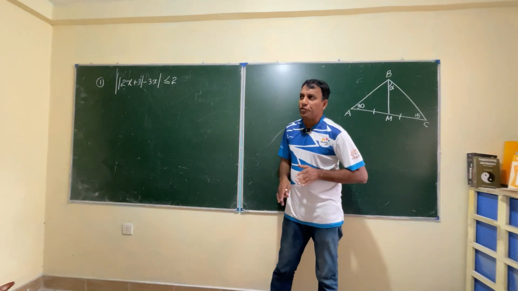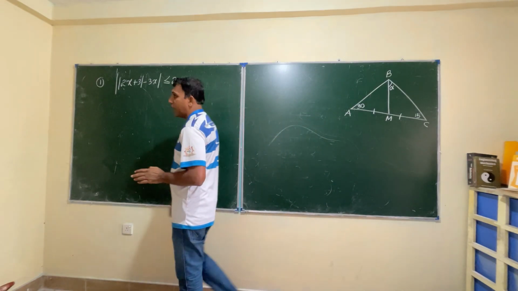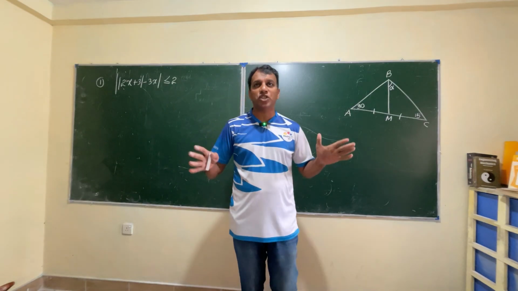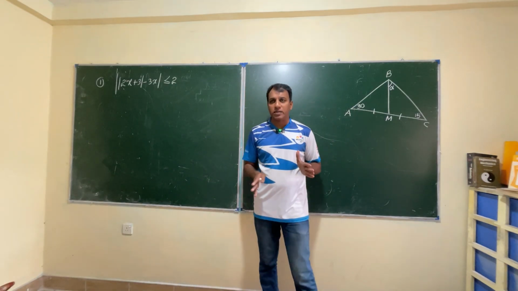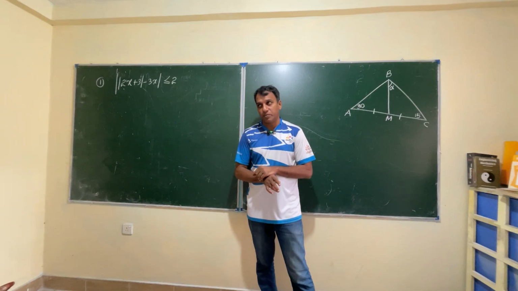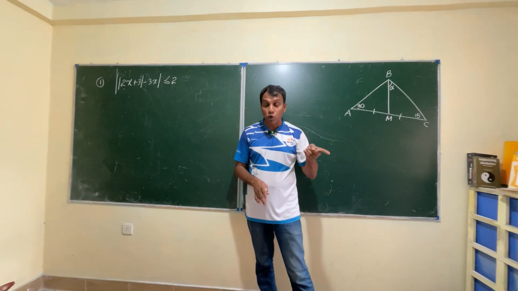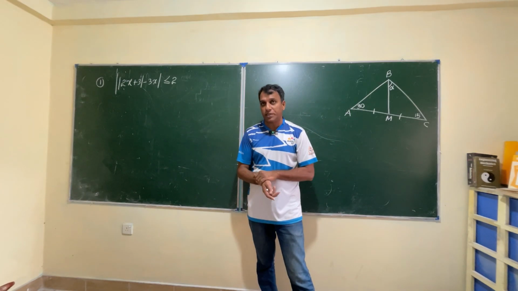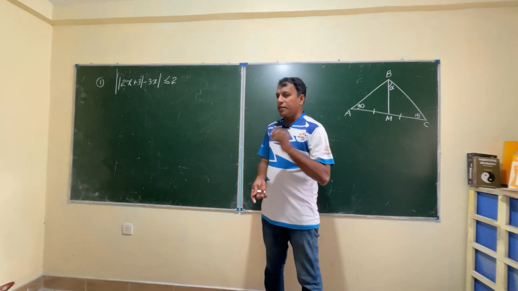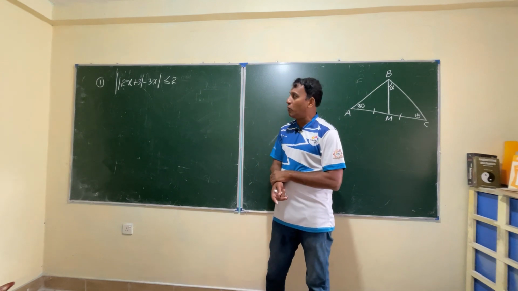You know the way of removing the modulus part. There are so many methods. One, square both sides to remove the modulus. Another, put the plus or minus and remove the modulus. Otherwise, use the absolute value theory, the definition of modulus.